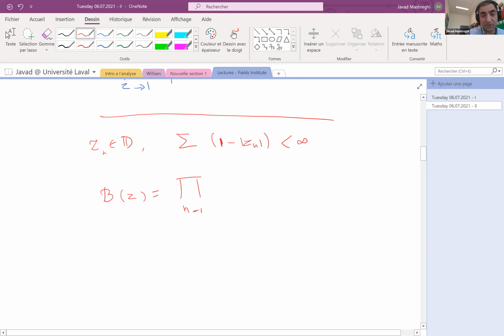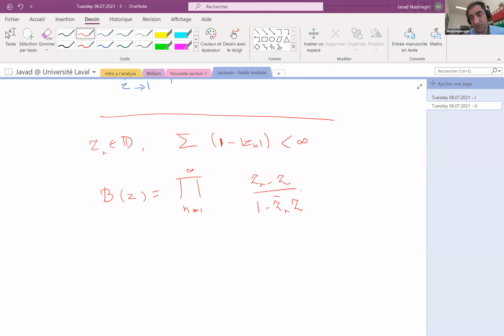The product for n from 1 to infinity of (z_n minus z) over (1 minus z_n bar z). This is an automorphism of the open unit disk, since D to D bijectively. If you put z equal to 0, this combination becomes z_n.